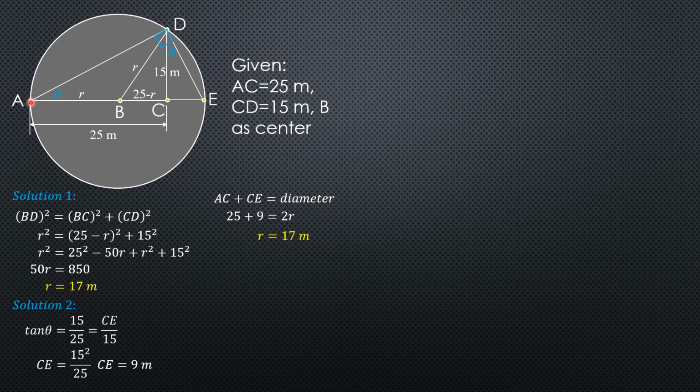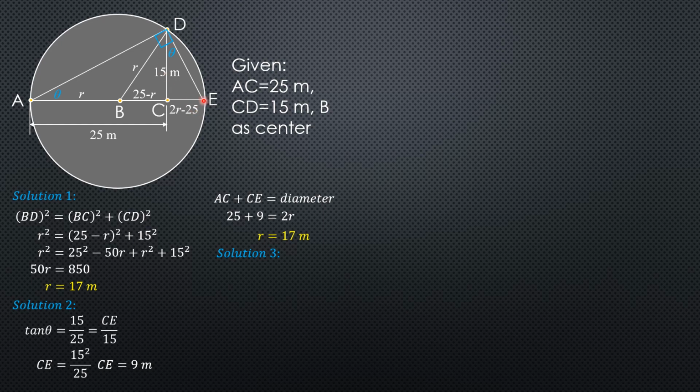After we find that triangle ADE is a right triangle with AE as the hypotenuse, which is 2R, and CE is equal to 2R, the diameter, minus 25. So this is 2R minus 25 for the third solution.